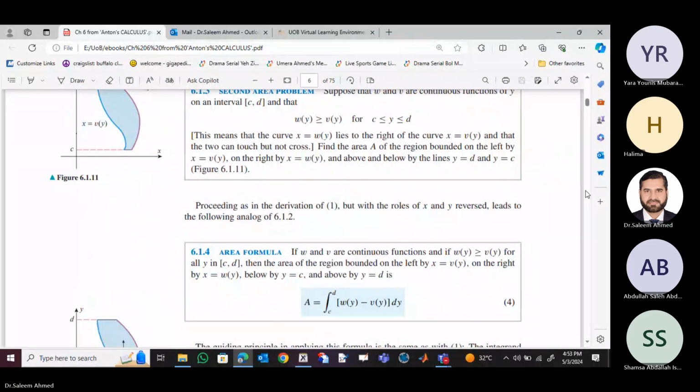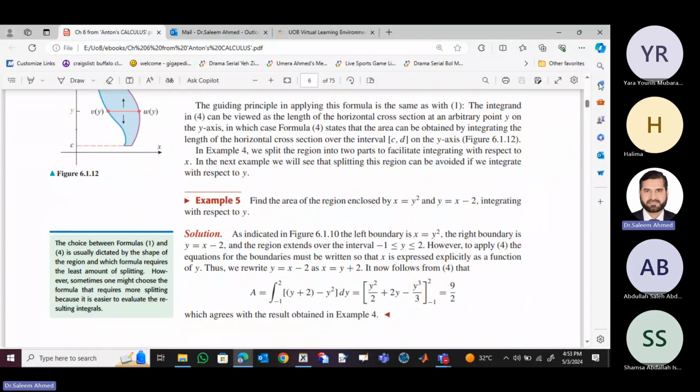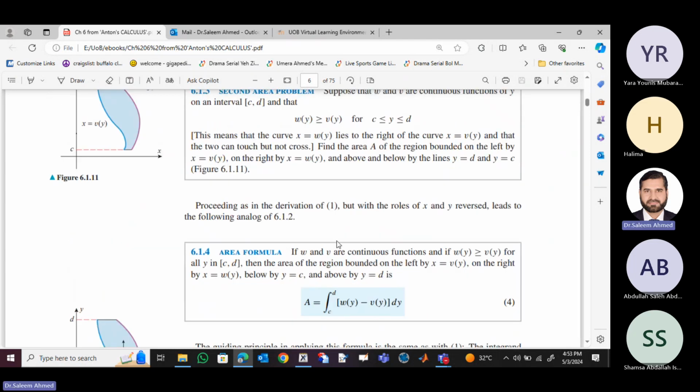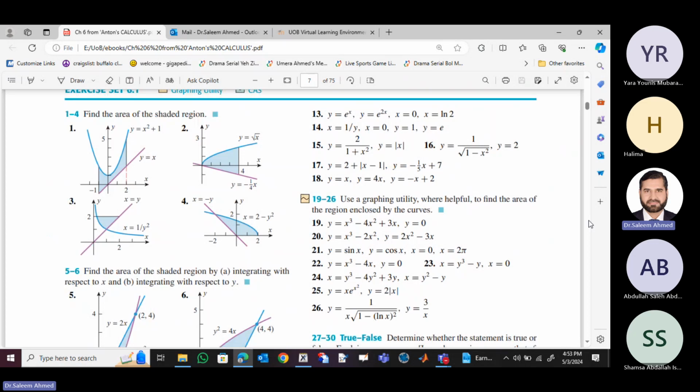See, if you have from c to d, see, if you are between c and d and your curves are right and left, then you can use this formula. So I can go to, for example, this question or any other question.